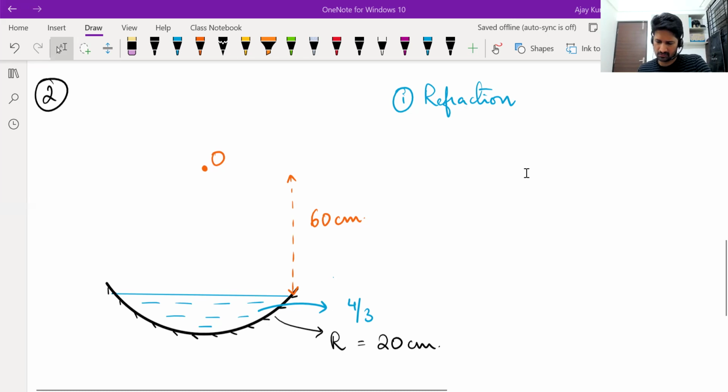No response. Shashank? Okay, I got one answer for first image as 80 centimeters. I think that is correct only.